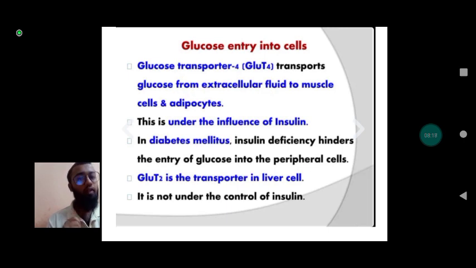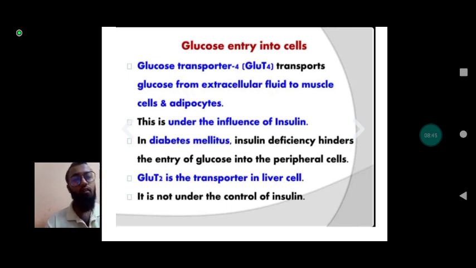These two transporters may be asked in any competitive exam. The question will be framed like, which of the following is the transporter of glucose, and you get options like GLUT1, GLUT3, but you have to remember GLUT4 and GLUT2. These two you have to remember.